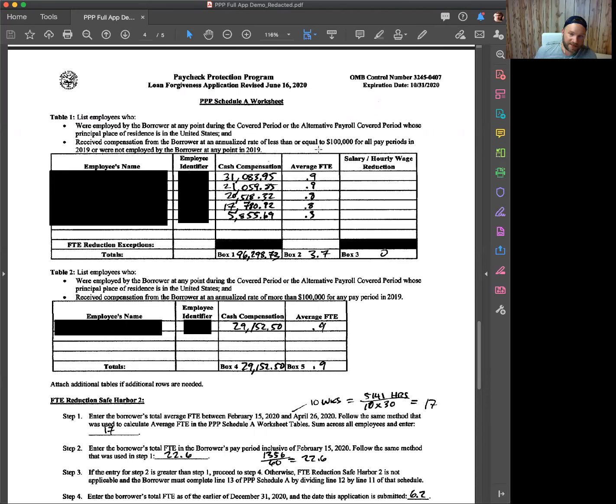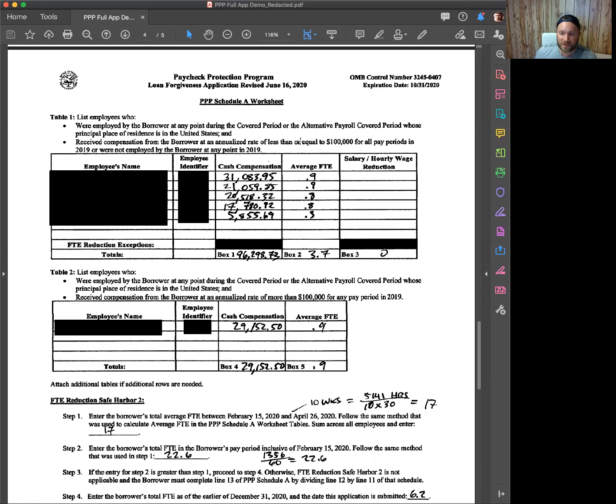So in 2019, actually even on an annualized basis for any period in 2019, right? So if you pay monthly, let's say, and even in any one of those months, that employee received 100K divided by 12, that much or more, then they're going to go in the next table.